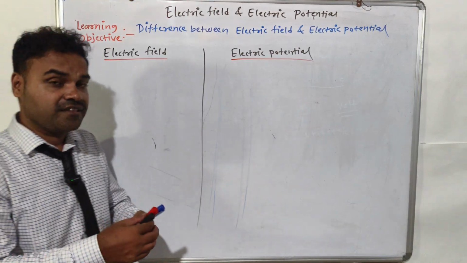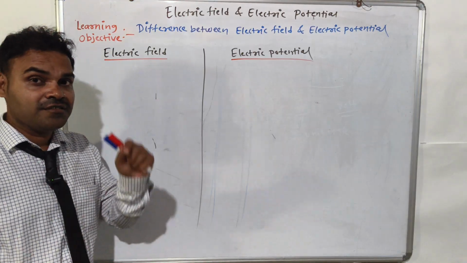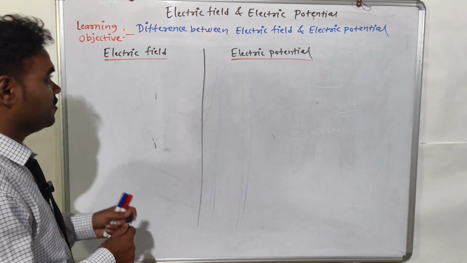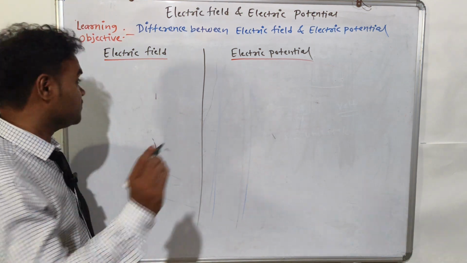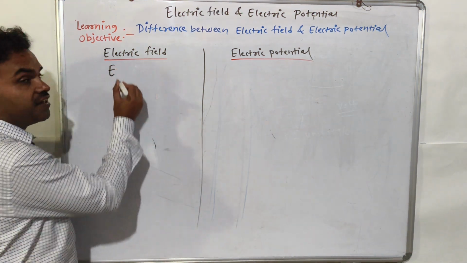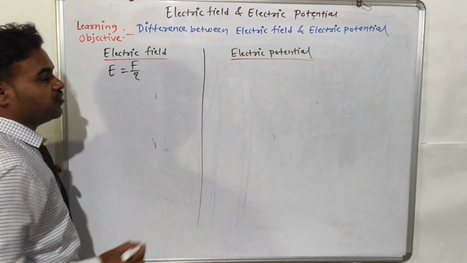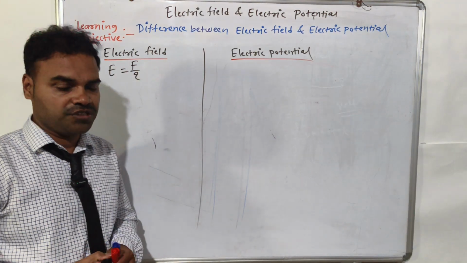Okay, what does it mean? An electric field is force per unit charge, the force acting on the charge. We represent it as a capital E, electric field. So it is force per unit charge.